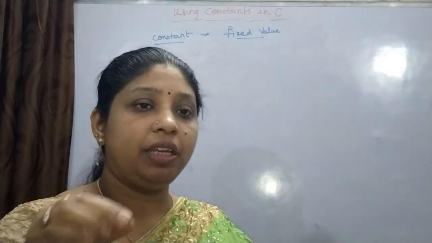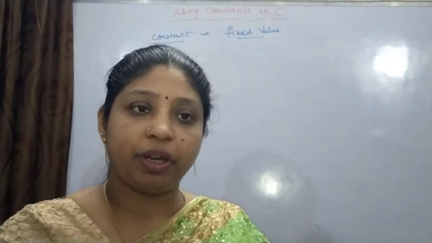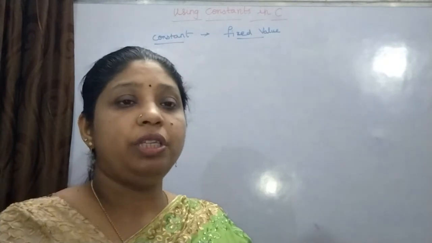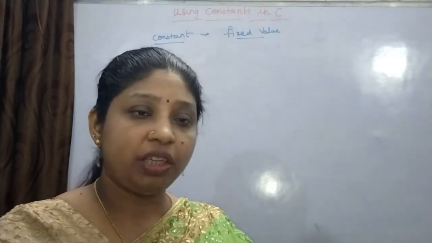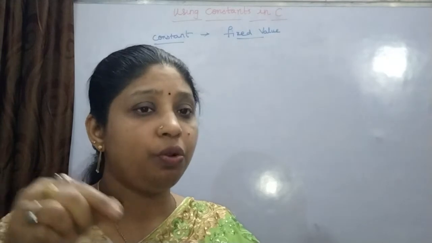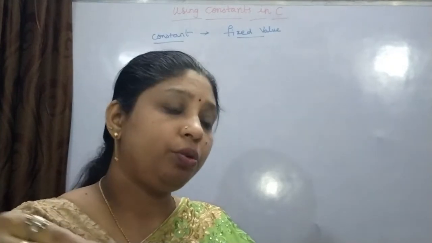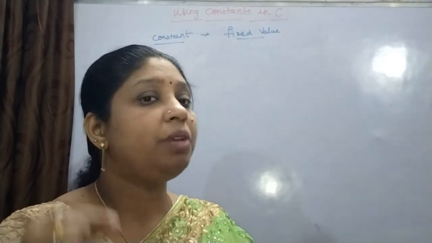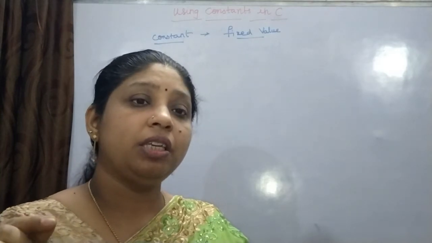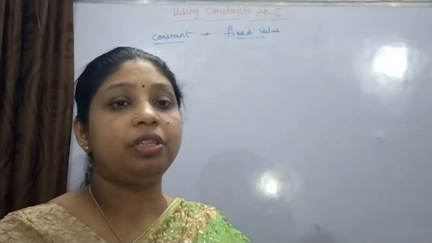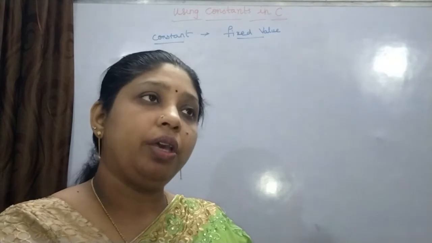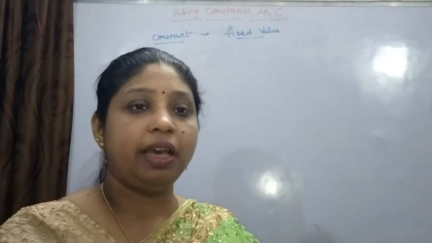Then after assigning that value, you will use it in the program. If you try to modify the value in the program, it will not change. It is constant. That's why we call it constant. It will give an error. That's why we say it is a fixed value.